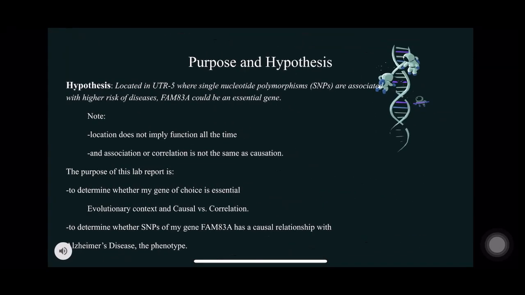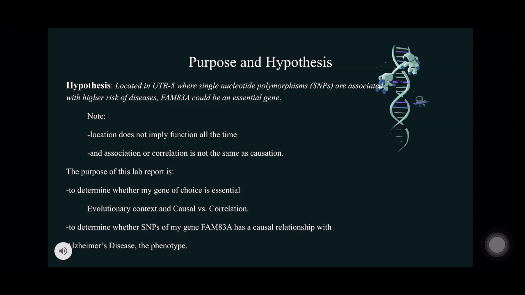So the whole purpose of this lab report is to determine whether my gene of choice, FAM83A, is essential after all. By using evolutionary context and causal versus correlation analysis, I'm going to determine whether the SNPs of my gene have a causal relationship with Alzheimer's disease, my phenotype.